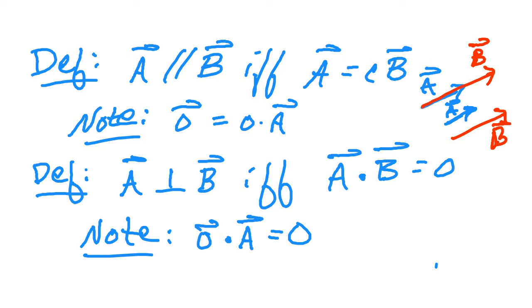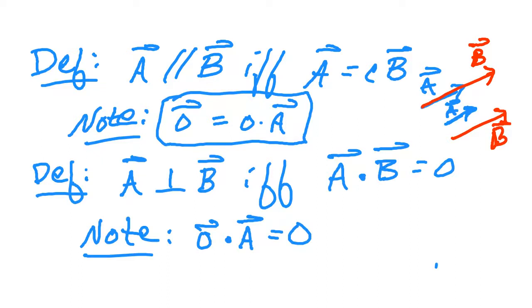Let's just note one thing here about some of the always, sometimes, or never questions we did. The zero vector is always going to equal 0 times A vector, where the zero vector and A vector have the same dimension.